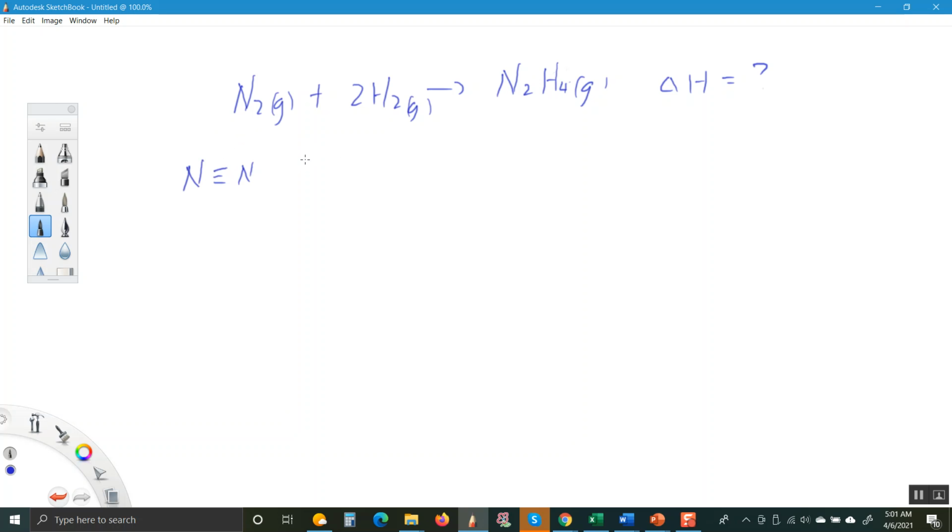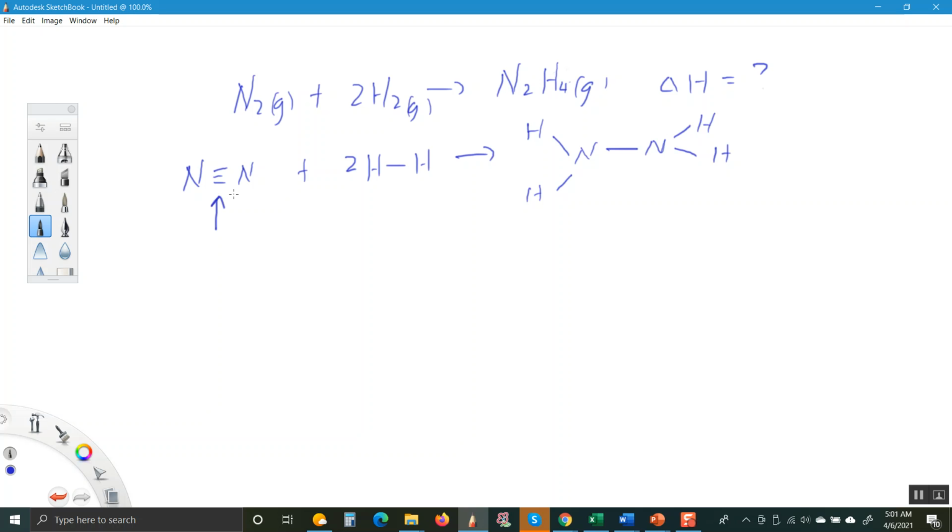In the case of the hydrogen molecule, it will be H bonded to H, and there are two of them. And in the case of the N2H4, the Lewis structure is this: H to N to H, single bond, N to H to H. All right? So we need to identify the different types of bond, and we need to indicate the respective bond dissociation energies.